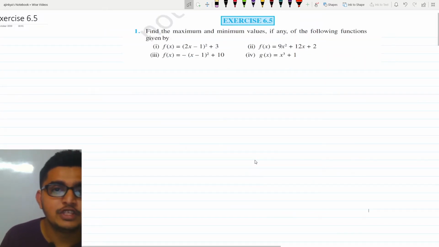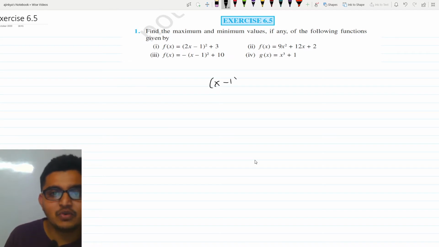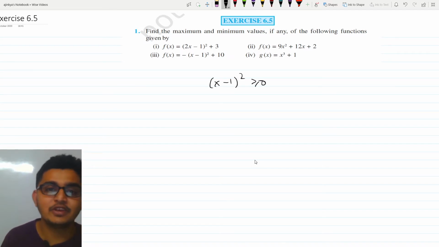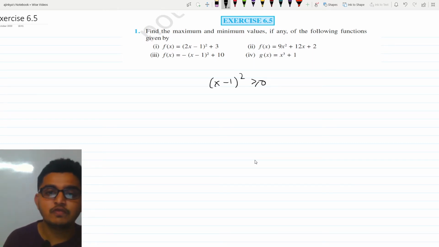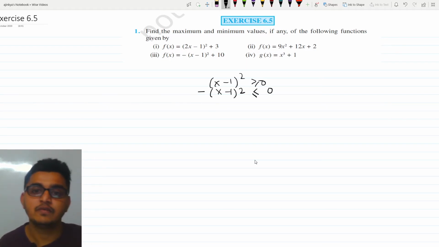So for the third question, we can clearly see x minus 1 whole squared is always greater than or equal to 0, right? But this term is negative in our given function. So if we multiply the whole term by negative 1, we get minus (x minus 1) whole squared, and since we have multiplied with a negative number, the sign changes and we have this inequality, right?